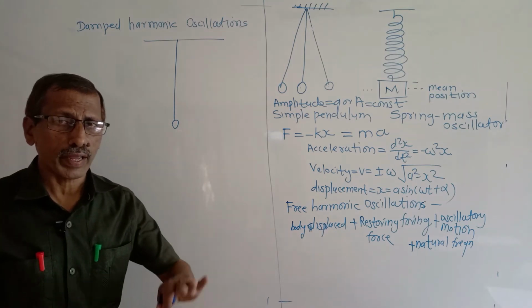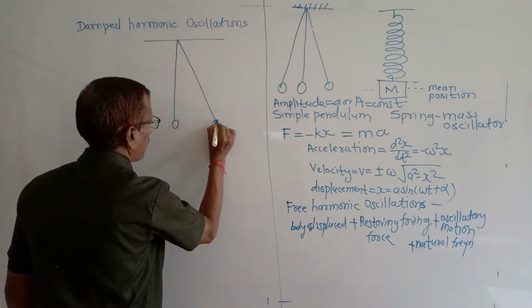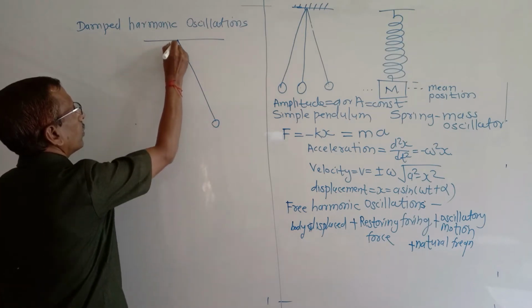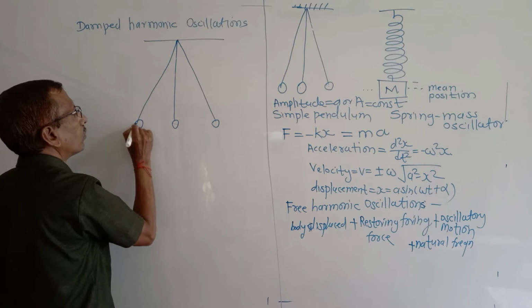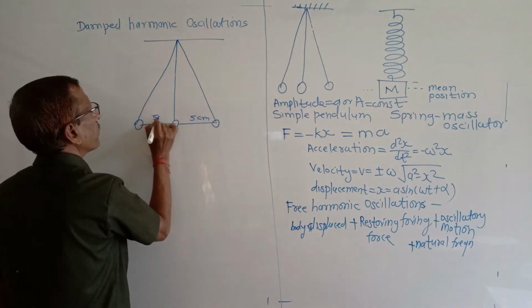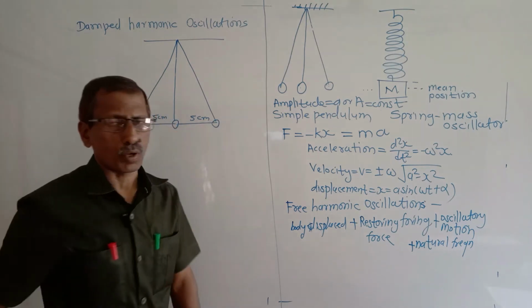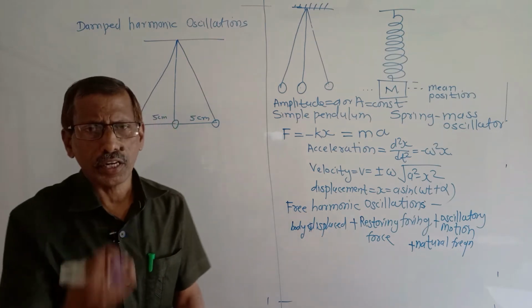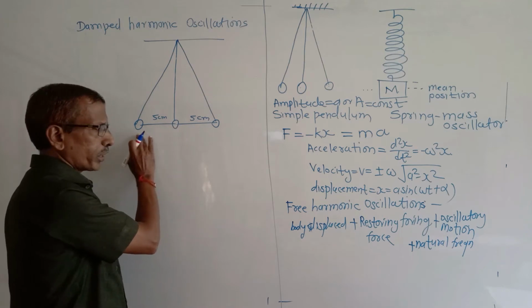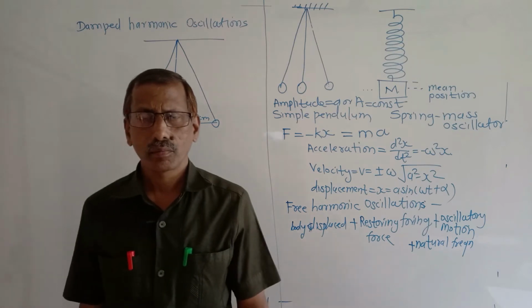When the bob is displaced 5 centimeter away from the mean position and released, the bob comes to the mean position and goes to the extreme left with a displacement of 5 centimeter.